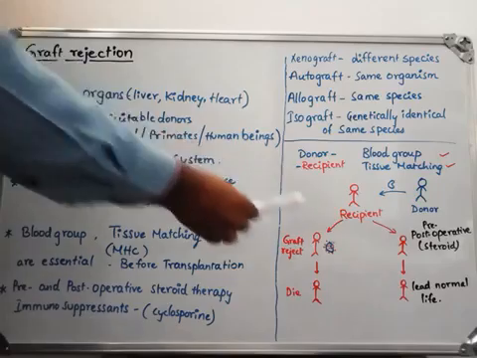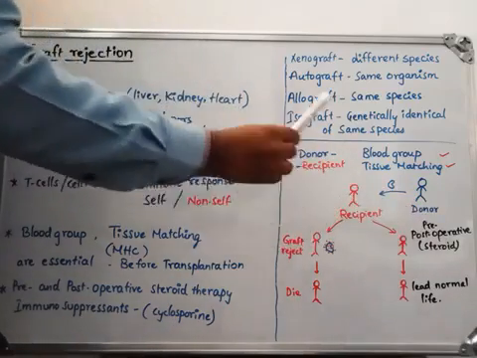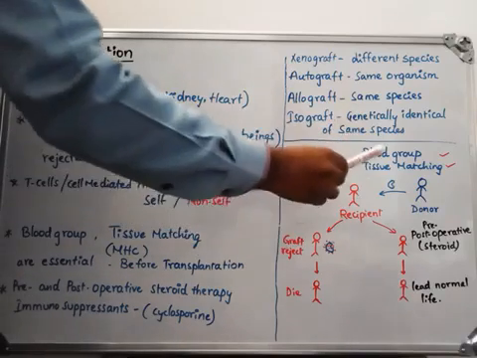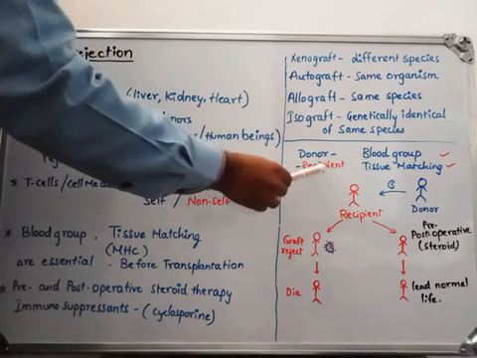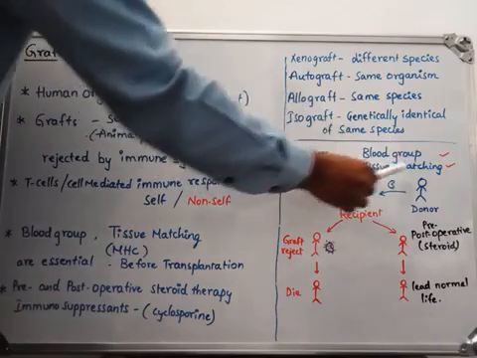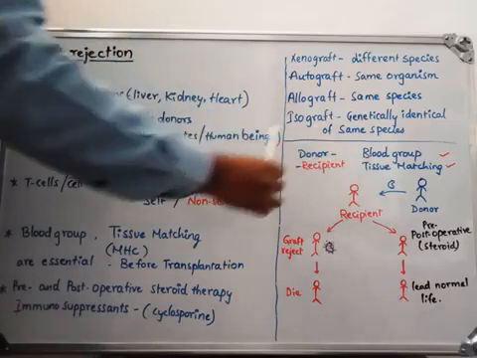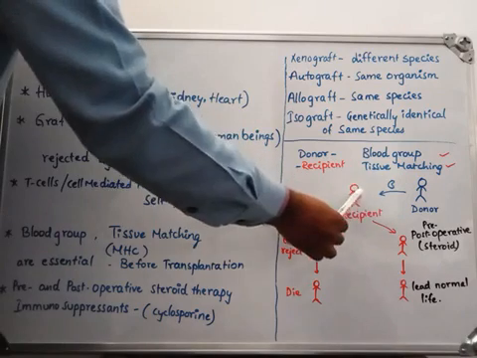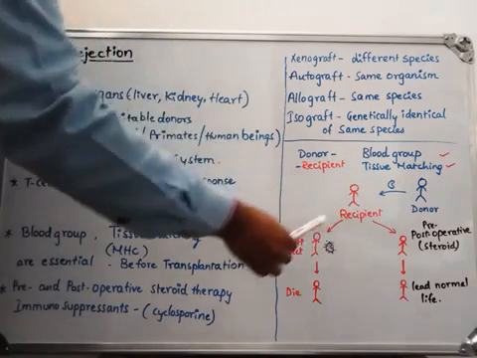So we take a suitable donor, who is a human being, because there must be a match in blood group and tissue between donor and recipient. If both are matched, only then is there a successful transplantation. The donor donates the kidney and the recipient receives it. Let us observe carefully what happens afterwards.